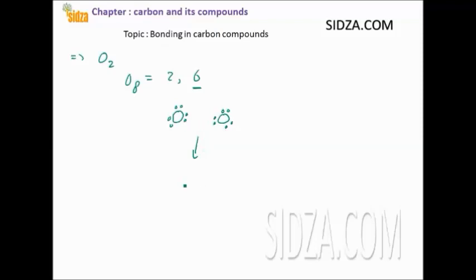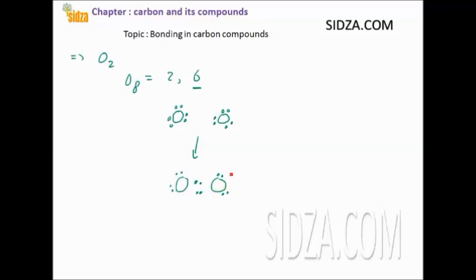right? So that means there are 2 electron pairs. So an oxygen atom and another oxygen atom can share the electron pairs in between. This is one electron pair, and this is another electron pair, being shared by the 2 oxygen atoms.